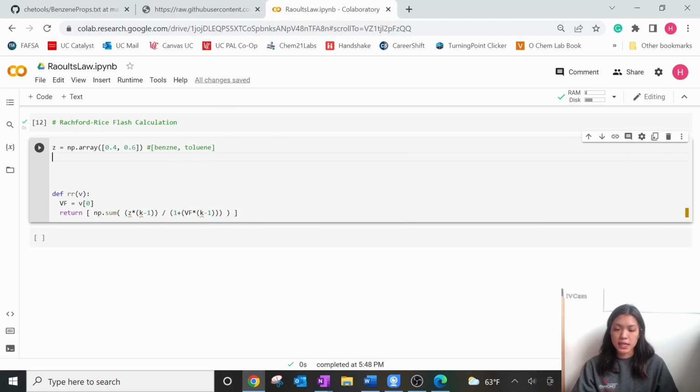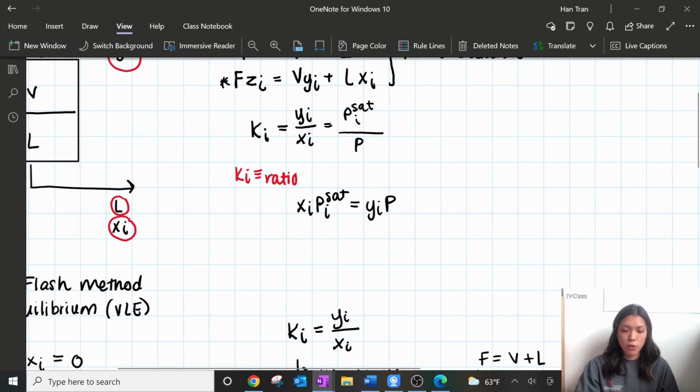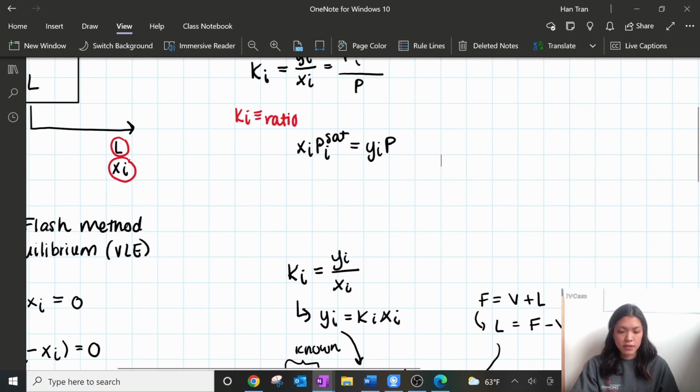Next we have the mole fraction ratio. If we go back to the equations that we derived up here for the mole fraction ratio, we have it as the vapor mole fraction over the liquid mole fraction.